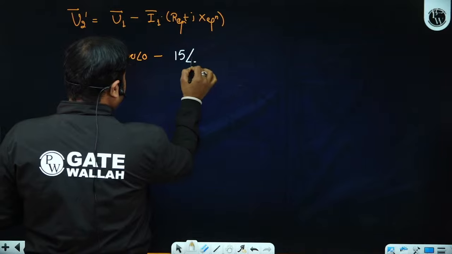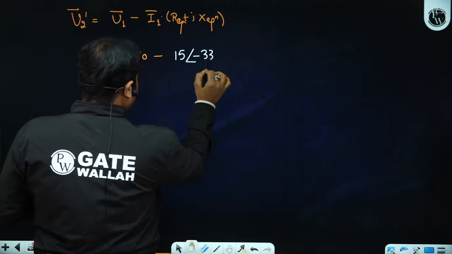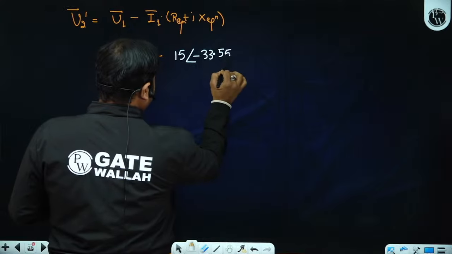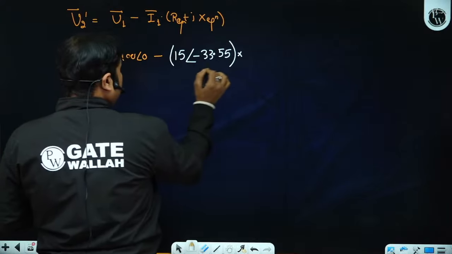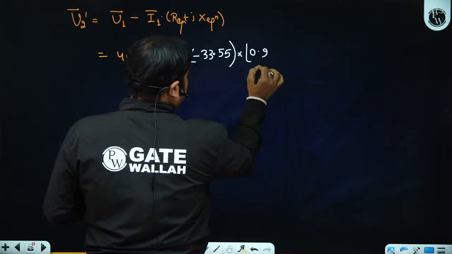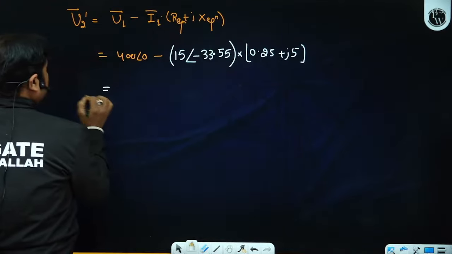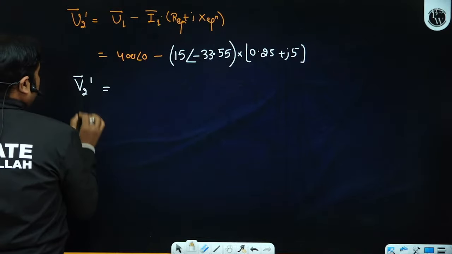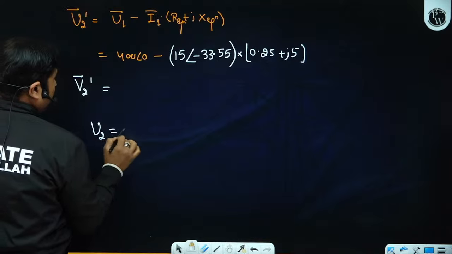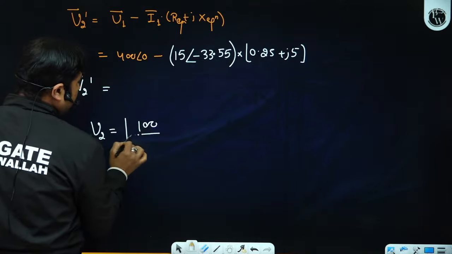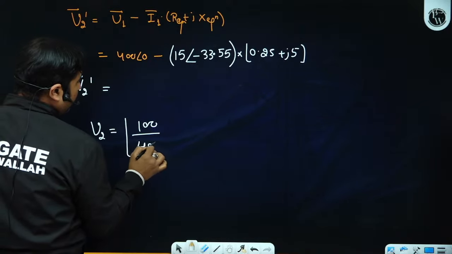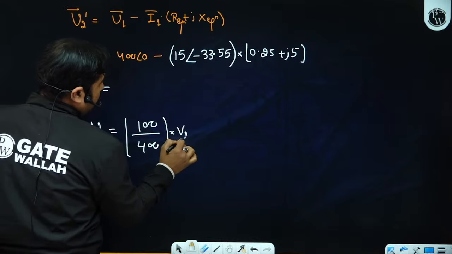Current is 15, angle is minus 33.55, into R equivalent 0.25 plus j5. Now you can do the calculation for V2 dash. Once you have V2 dash, you can refer it to the 100 volt side and you will get the answer.